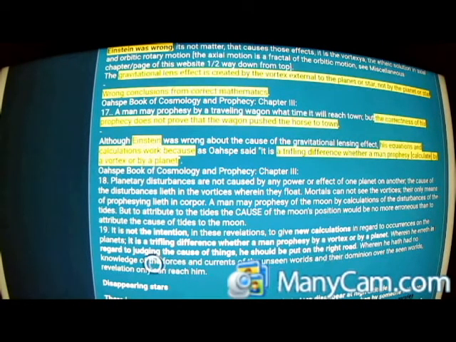And in this case, what was revealed in Oahspe in 1881 to mankind. Now scrolling down.